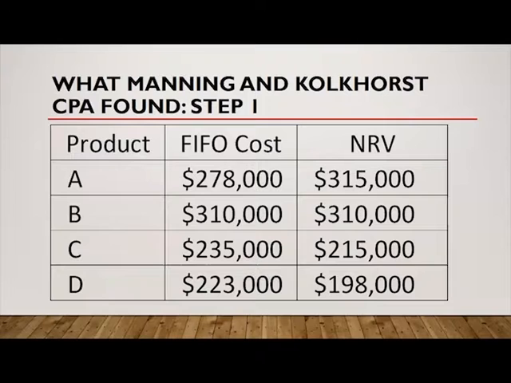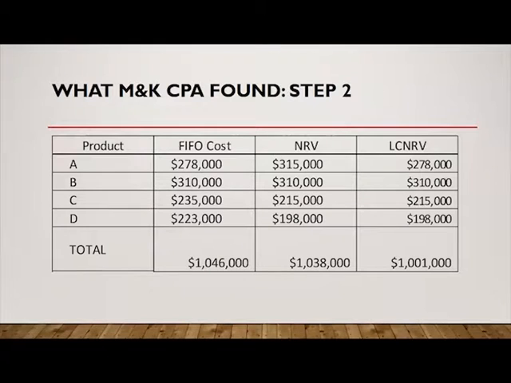EMLO's management provided us with this table depicting the current first in, first out carrying value of each inventory item or product compared to that item's actual net realizable value. We then began our investigation by looking at the total carrying value of EMLO's inventory as it relates to the total net realizable value of their inventory.